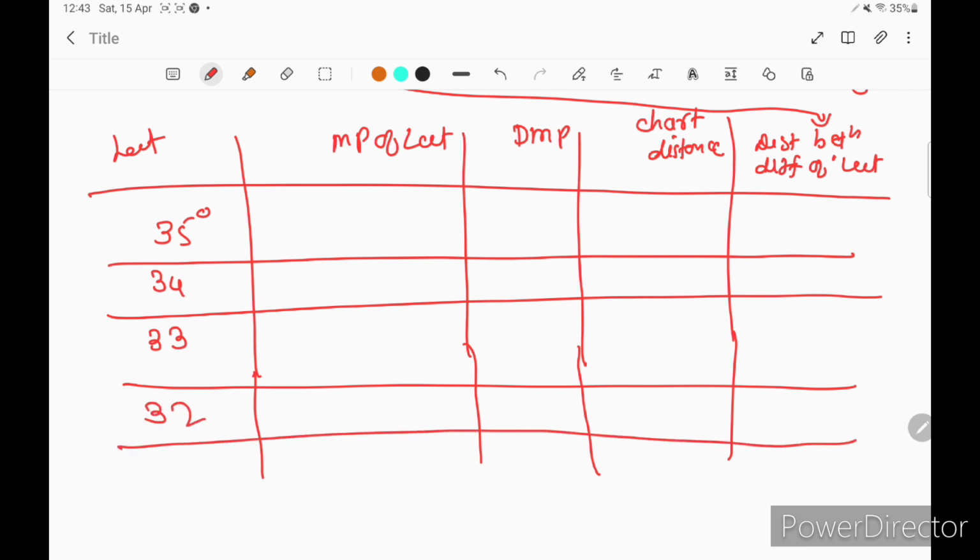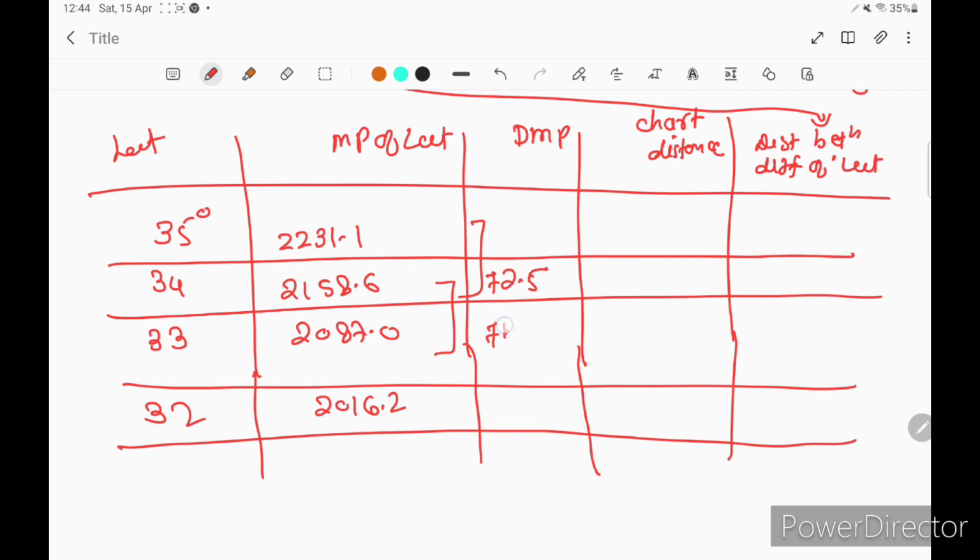From the table we have to find the MP of latitude: 2231.1, 2158.6, 2087.0, 2016.2. Now we calculate the difference between them. For these two we get 72.5, from these two 71.6, and from these we get 70.8.